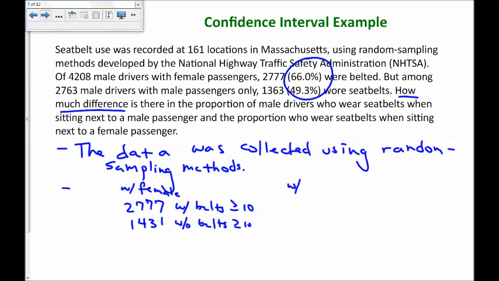And then with male passengers, there were 1,363 with belts, which is more than 10, and 1,400 without belts, which is more than 10. So I will now say the conditions are satisfied, and so I will perform a 2 proportion z interval.